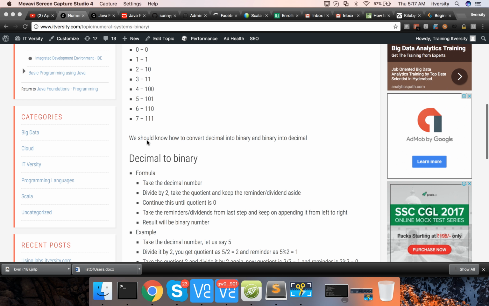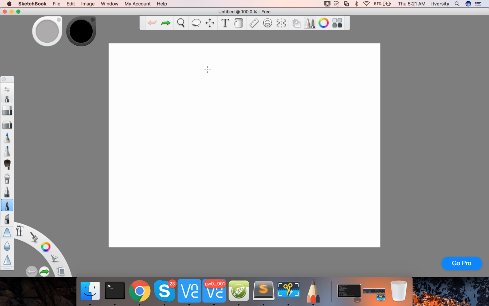If I have to convert a decimal to binary, let's see the formula first. You take the number, and the number can be anything. Let me take a simple example of 15.